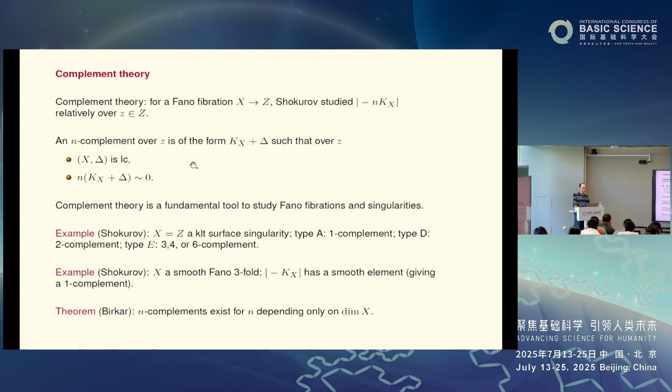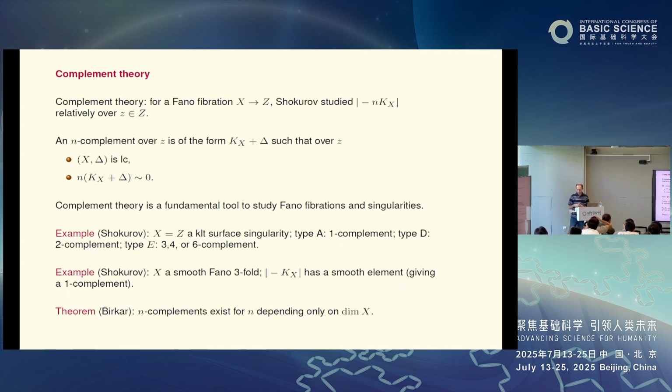So an n-complement is of the form K plus delta, such that (X, delta) must have good singularities. We don't want a completely random guy. Secondly, it must come from this minus nk, and that just means n times (K plus delta) should be linearly trivial. That just means n delta is in minus nk. So that means that I am looking at the minus nk system.